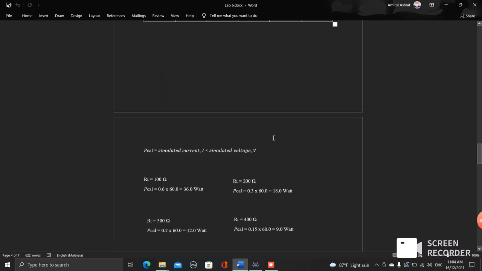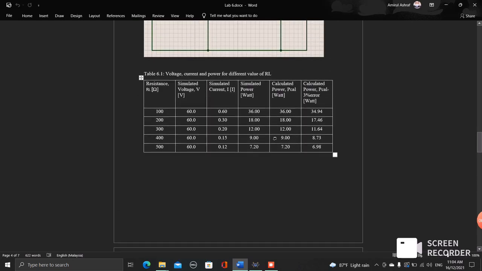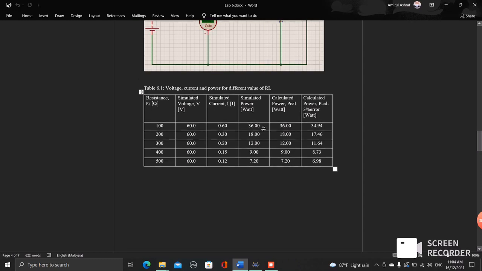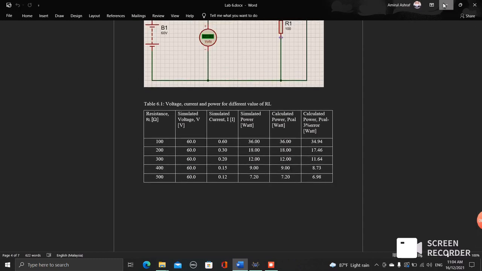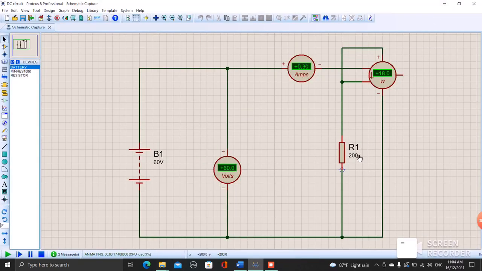We get the same answer as the simulated, and for the next values of resistance also the same. Okay, that's all for activity 1.